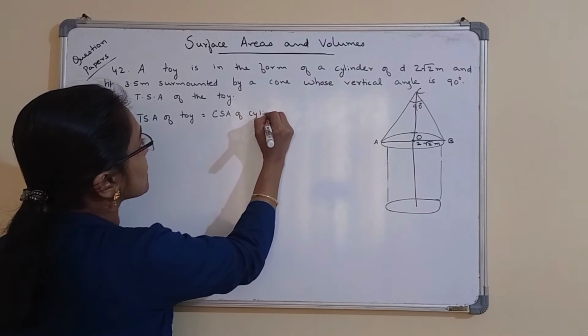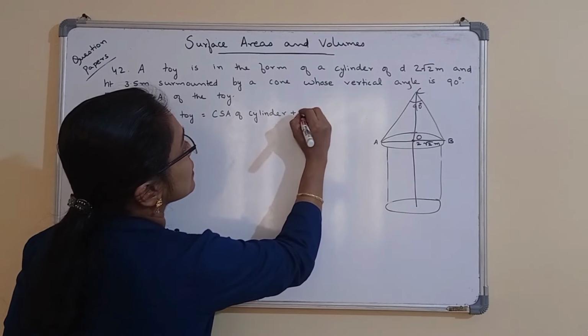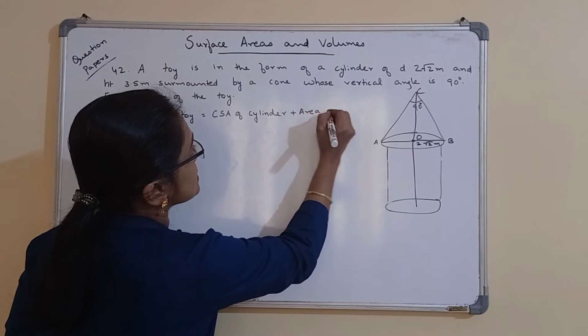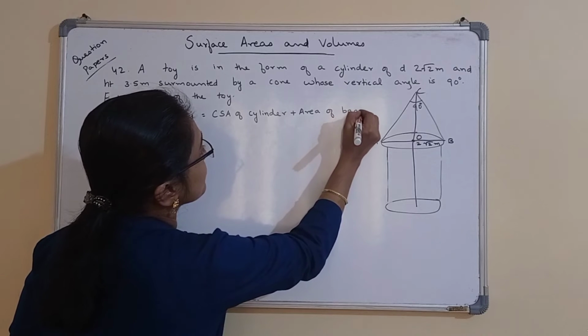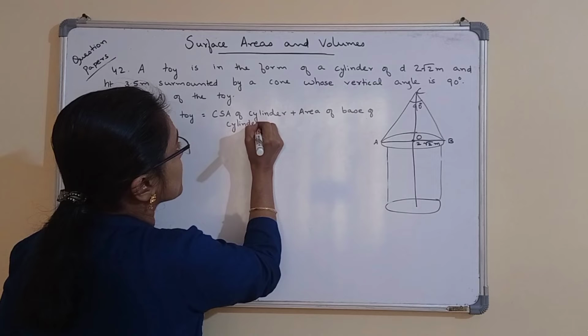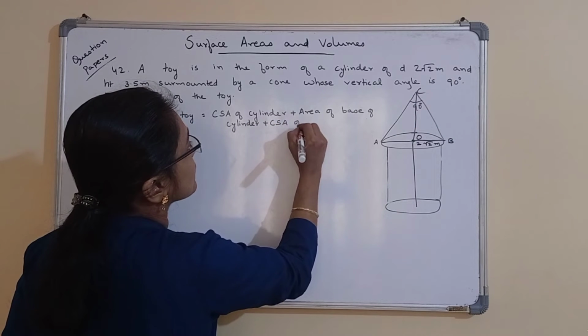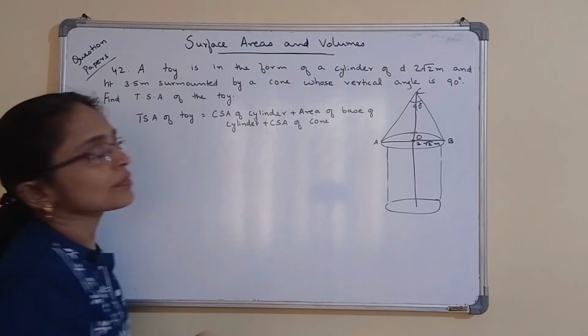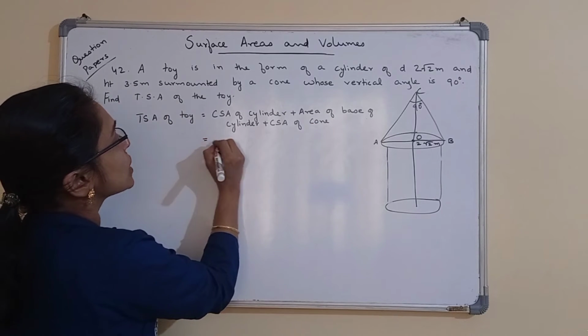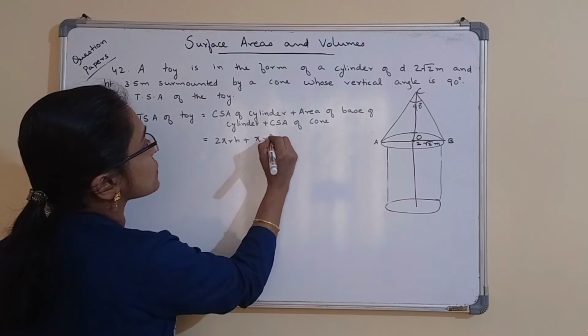cylinder plus this area, that is area of base of cylinder plus curved surface area of the cone, which is equal to 2 pi rh plus pi r square.